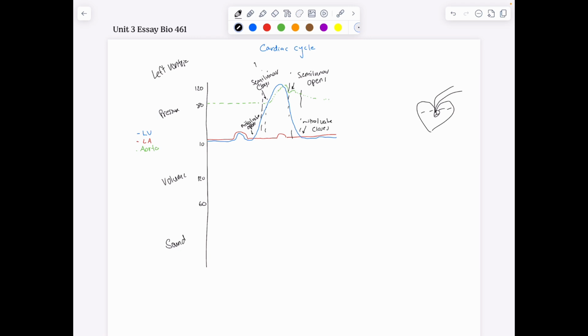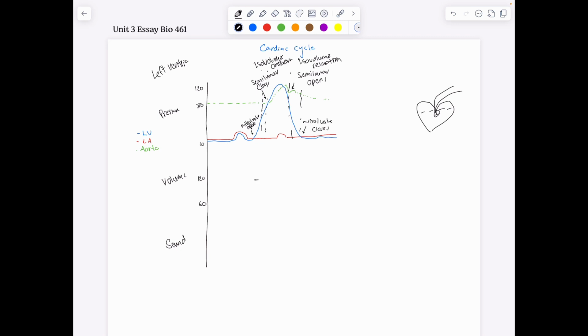So up here we have our isovolumic contraction and our isovolumic relaxation. And those play an important role in the volume. So when it's contracting, we're going to have our highest volume.